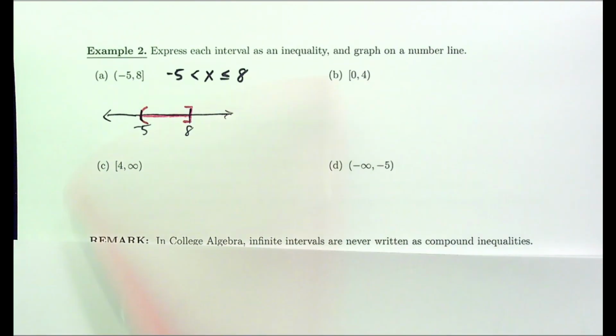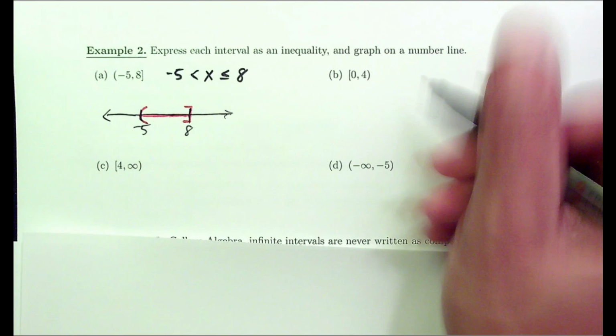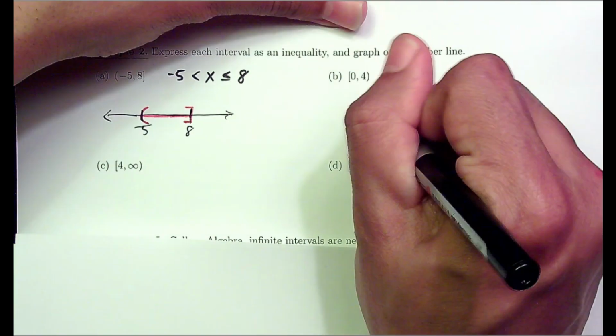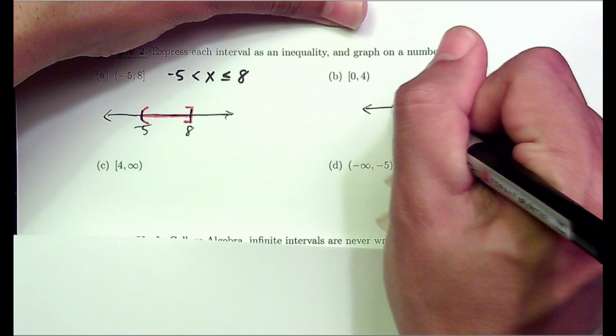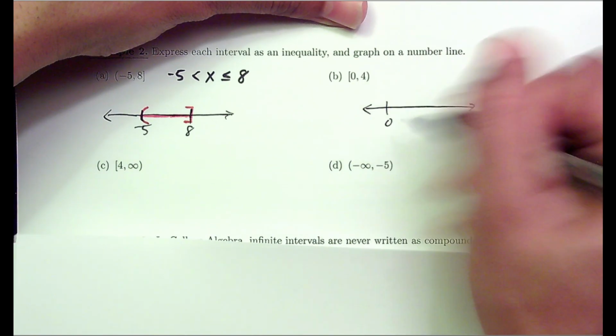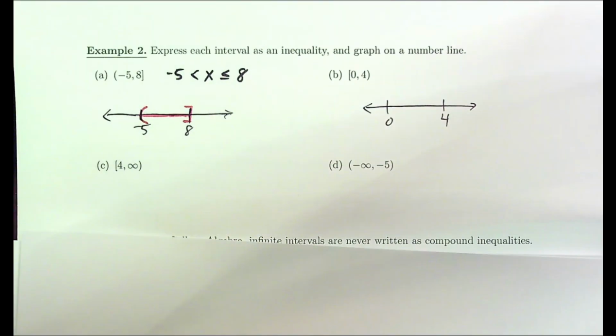Now you should pause the video and draw the pictures for the other ones and the inequality notation for all three of them. Okay, let's do that. So in the picture, there's two tick marks, 0 and 4, and I want all numbers in between.